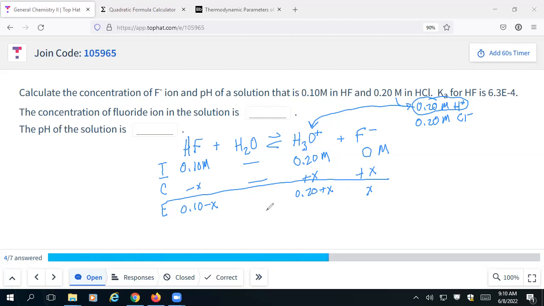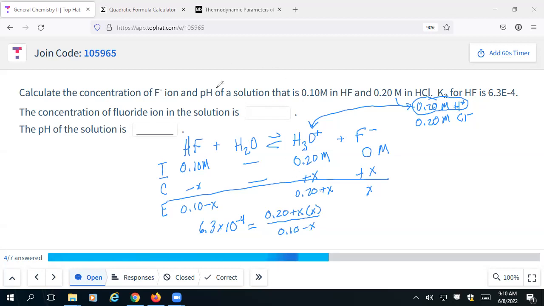So that's what we're going to do. 6.3 times 10 to the negative fourth is equal to 0.2 plus x multiplied by x over 0.1 minus x.